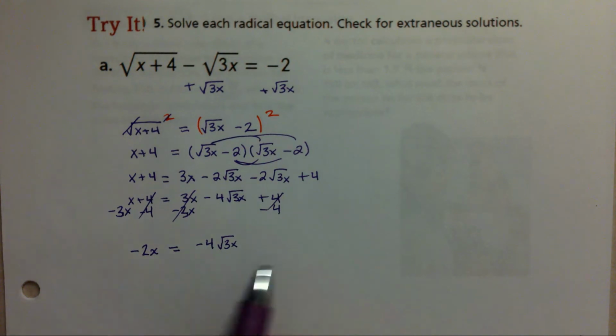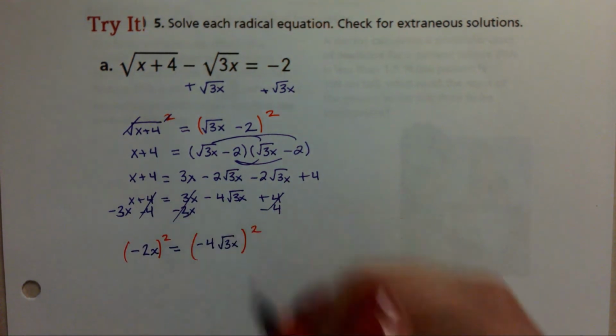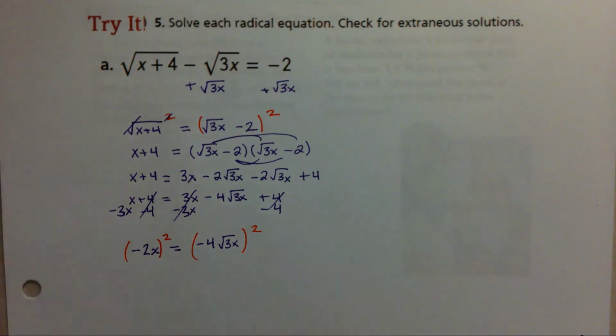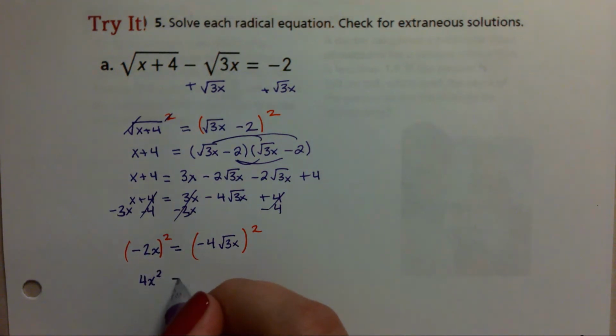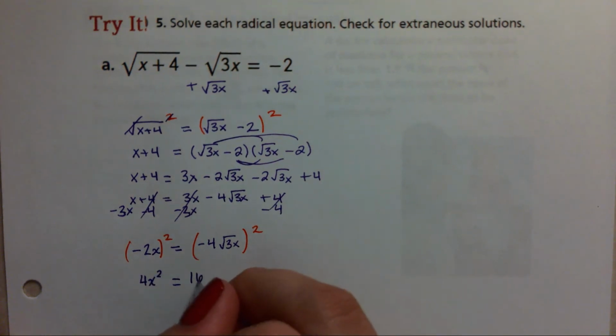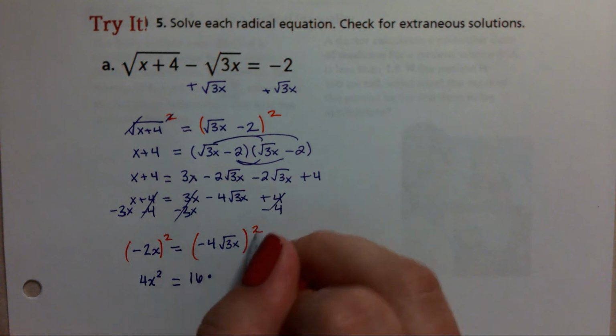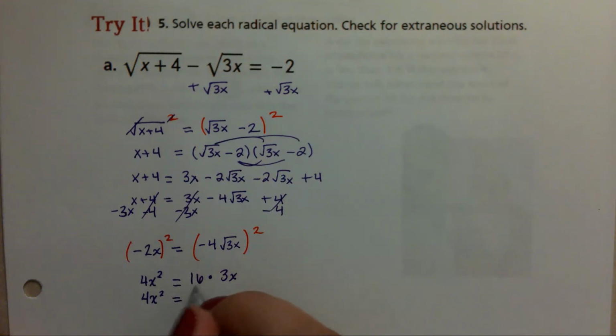So in this case, we could divide off negative 4, or we could square both sides. I'll just go ahead and square both sides here to get rid of this radical. And what ends up happening is negative 2x squared is positive 4x squared, because negative 2 squared is 4. Here we're going to have negative 4 squared is positive 16 times the square root of 3x squared is 3x. 16 times 3x is 48x.